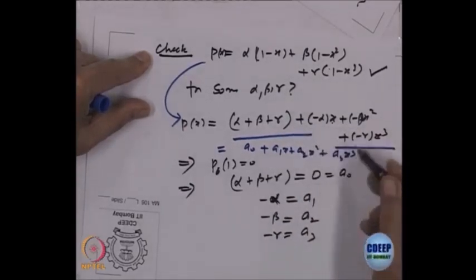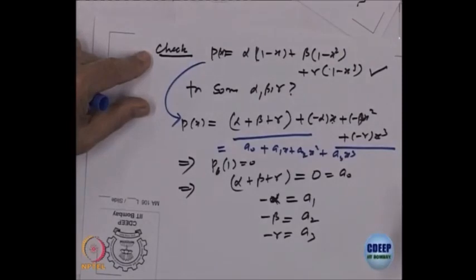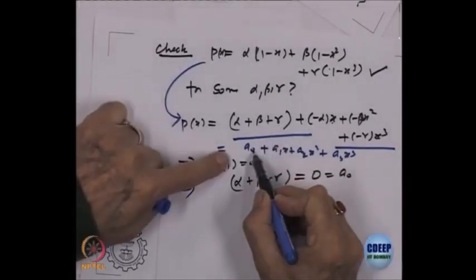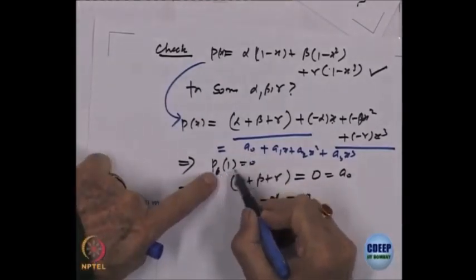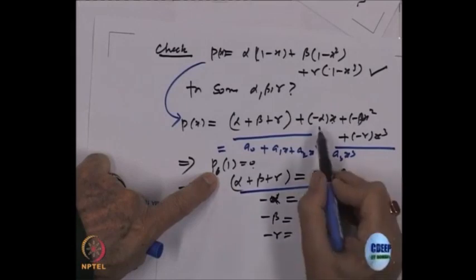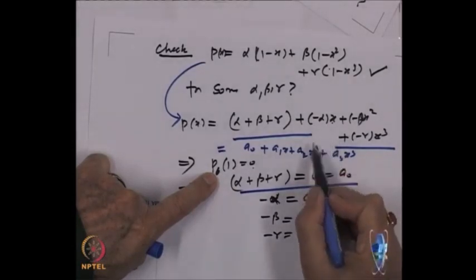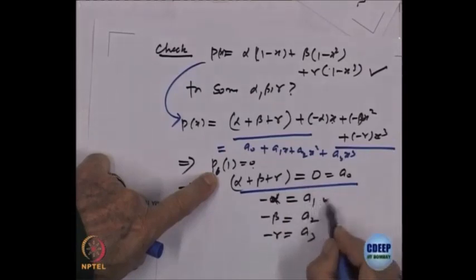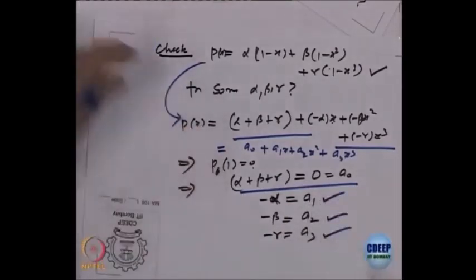So, coefficients of like powers must be equal. So, alpha plus beta plus gamma should be equal to a0, but the property is P(1) is equal to 0. So, I get this equation. Coefficient of x, minus alpha. What is the coefficient of x here? a1. So, a1 must be equal to this, a2 equal to this.